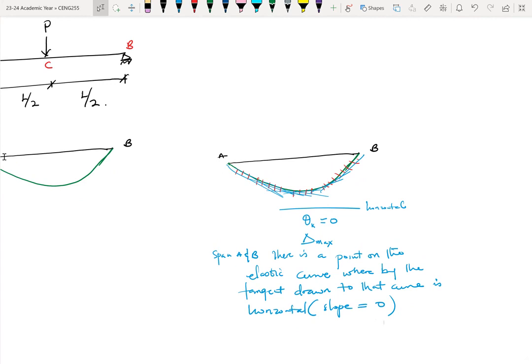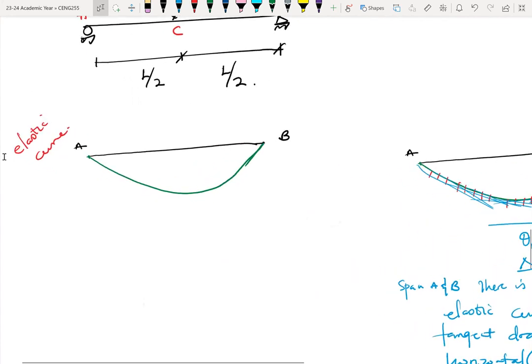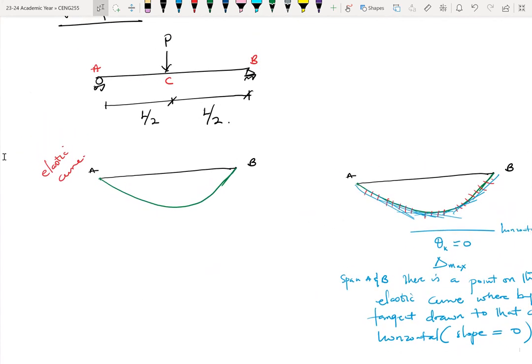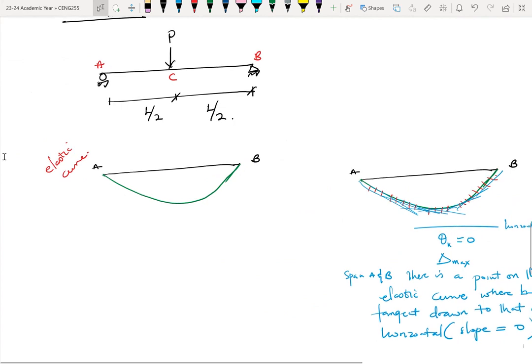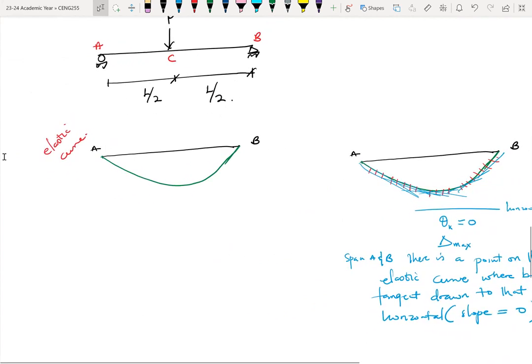All right, so let's look at this. In the case of a simply supported beam where the loading is symmetrical, I mean, where the load is at the center point, normally for these cases, you would realize that your maximum deflection would occur under the load. In this case, please.